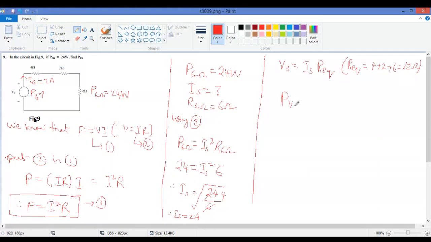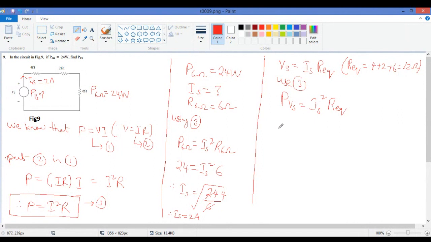Power across Vs is equal to the same formula, use equation 3: power of Vs is equal to Is square into R equivalent.